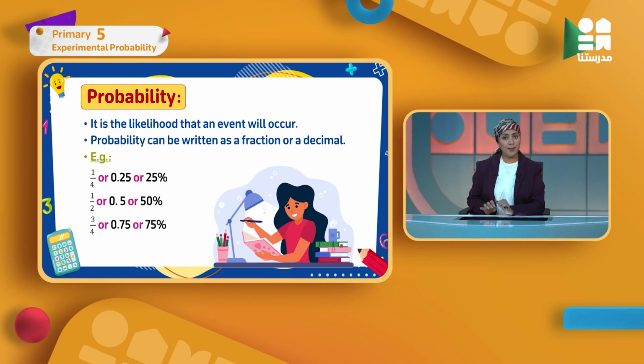Okay? Now I'll move to another example. The 3/4. We learned last year that it is equal to 0.75 in decimal form as well, okay? Or 75%. Now, the last one, I have 1.